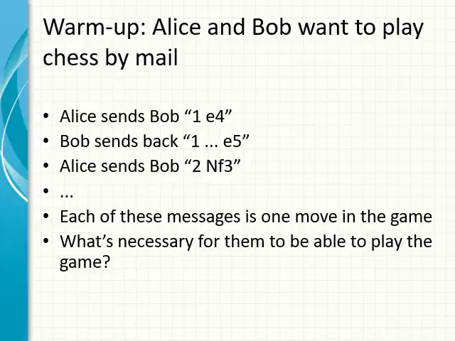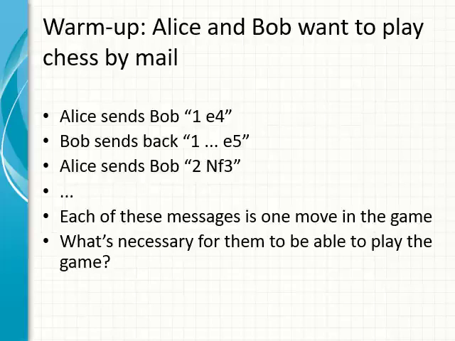So in this session, first we have to understand the basic principle behind the blockchain technology. So for this we will take an example of a chess game. In this game, Alice and Bob are the two players that want to play the game, and they will exchange messages between them.